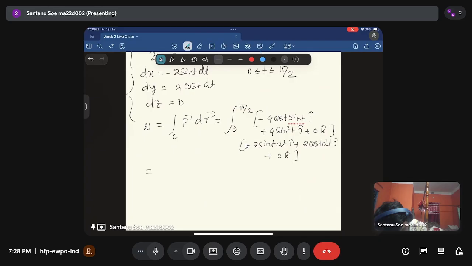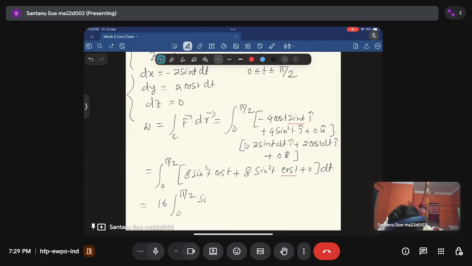Okay, so this is just 0 to pi by 2, 8 sin square t cos t plus 8 sin square t cos t plus 0, dt, right? So this is just 16 times integral 0 to pi by 2 of sin square t cos t dt.